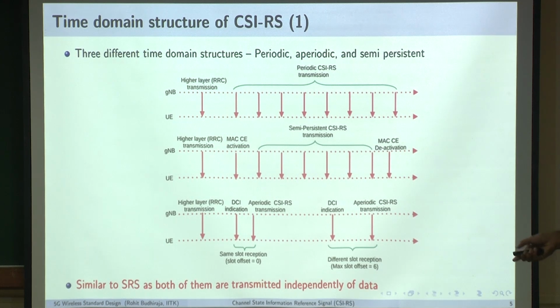So this is similar to SRS, as both of them are transmitted independently of data, primarily to collect the channel state information. One is for downlink, the other one is for uplink.